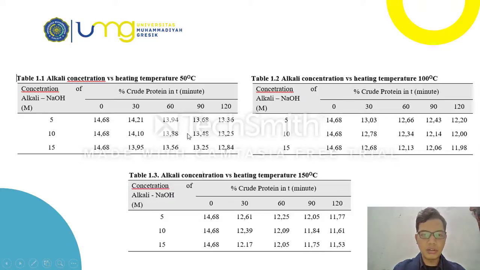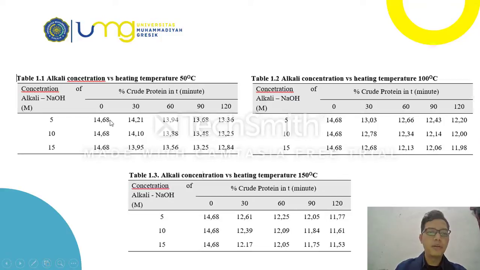This occurs because as the heating temperature during deproteination increases, more crude protein contamination is lost. You can see from 0 minutes up to 120 minutes.